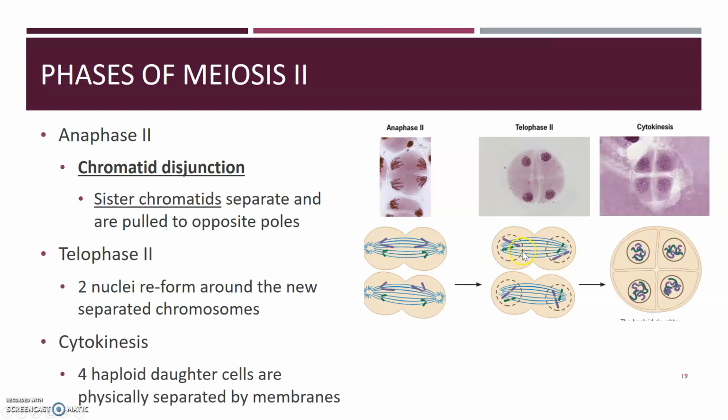And so there has to be a cytokinesis step, or a physical division, because we've already divided the nuclei, divided the chromosomes and the DNA at the end of telophase 2. But there has to be a division of cytoplasm, and that's what happens last. There's 4 nuclei, and then there's a physical separation of these 4 cells into 4 haploid daughters that are physically separated by new membranes.